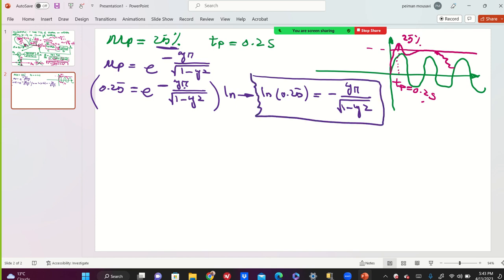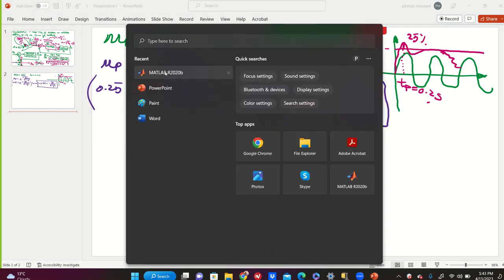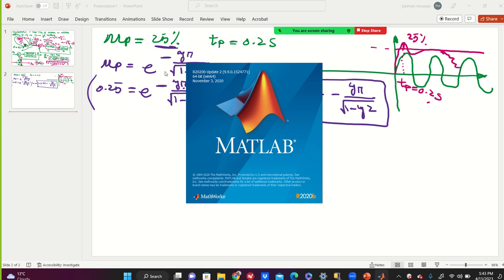How to do that? You know our lovely MATLAB. I'm going to go step by step today to design the PD controller for you. So what is your unknown in this system? Zeta. We want to find it.